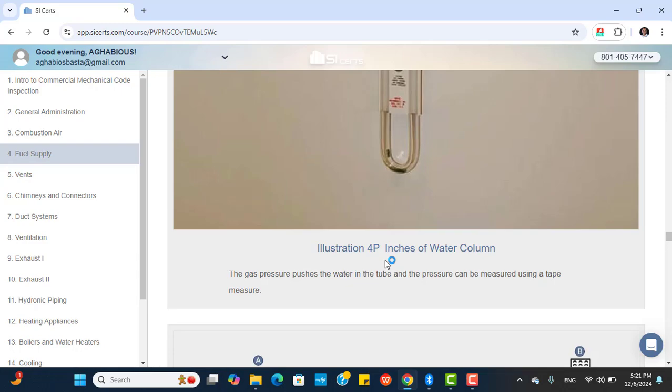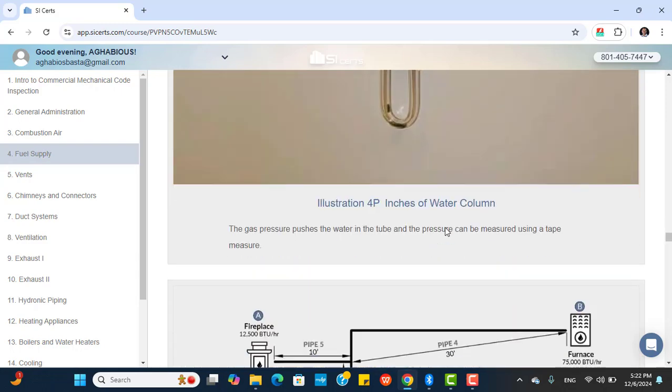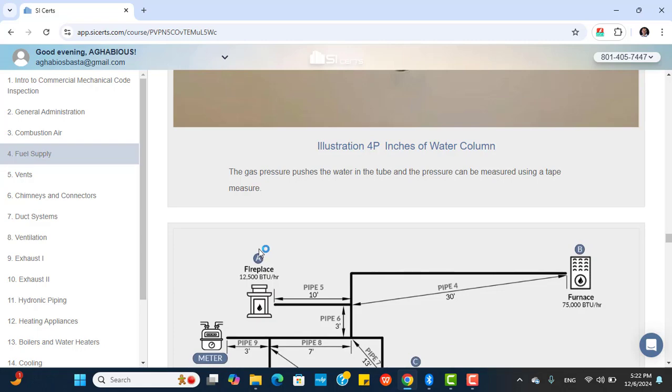This is an illustration for inches of water column. The gas pressure pushes the water into the tube and pressure can be measured using a tape measure.